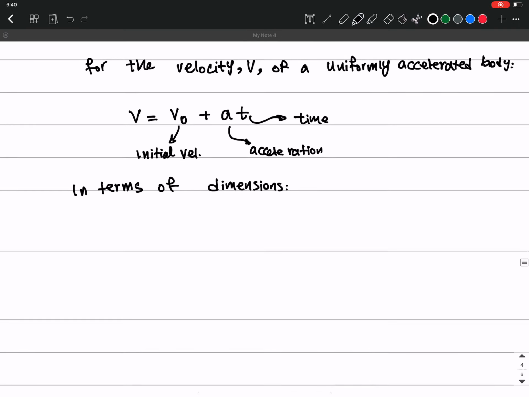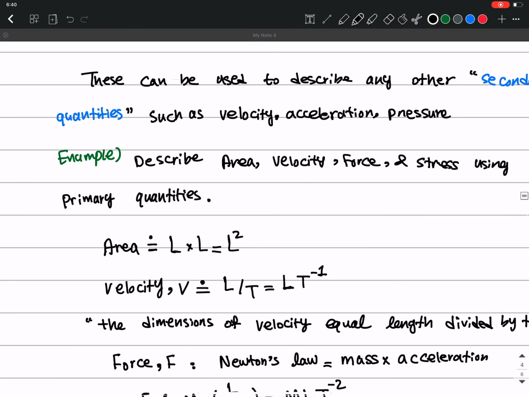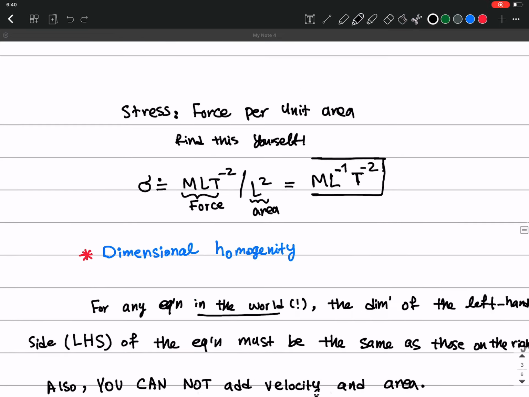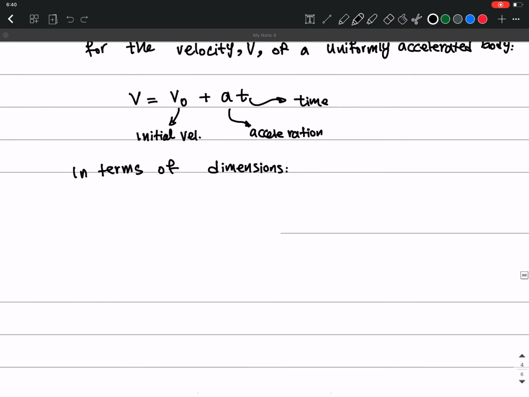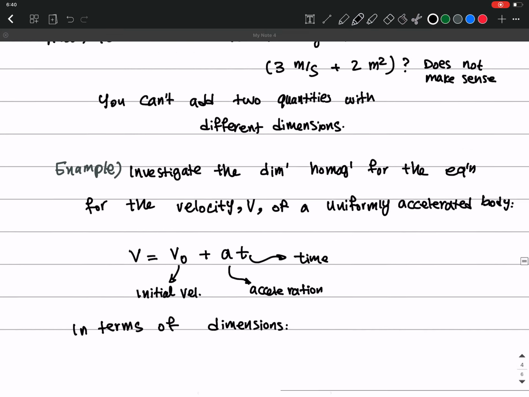So this equation becomes, so velocity, as you may remember, the dimension of velocity was LT minus 1, correct? So I'm just going to write that one. It's going to be LT minus 1. And this is the left-hand side of the equation, okay? So, or LHS of the equation.